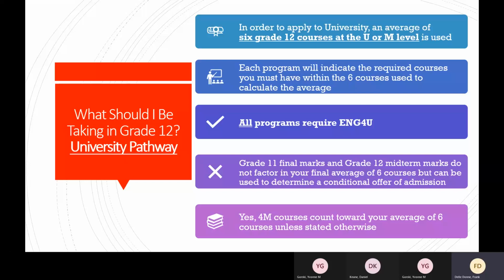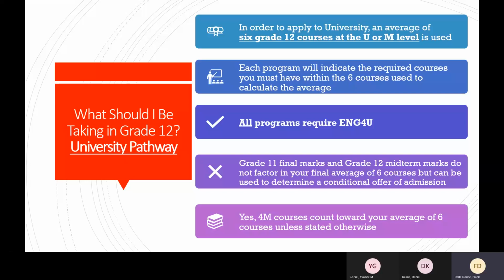That is where your research comes into play. Each university program will indicate a list of required courses that must be included in the average of 6. Once the required courses are met, you can include any grade 12 U or M level courses.